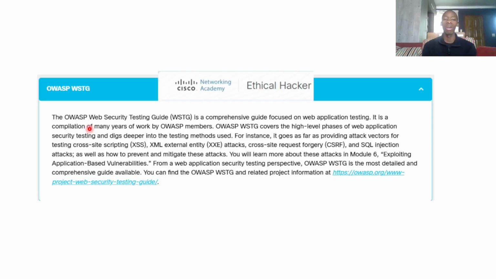Initially it is a compilation of many years of work by OWASP members, okay? And it covers the high-level phases of web application security testing and digs deeper into the testing methods used.